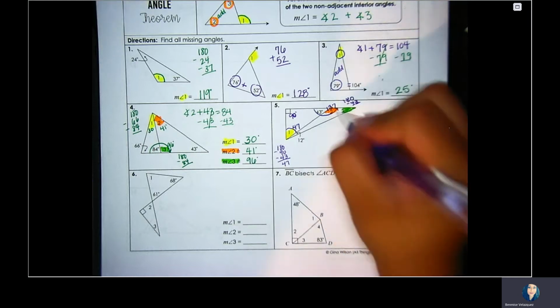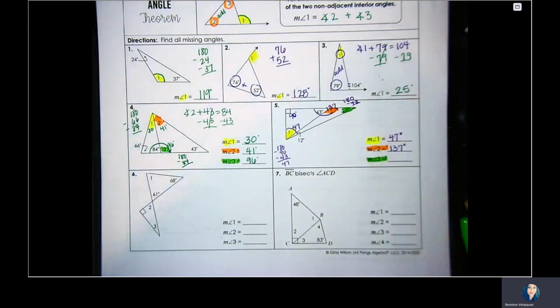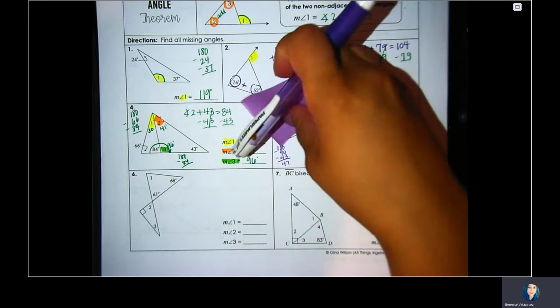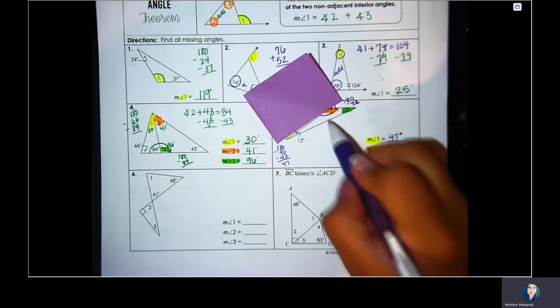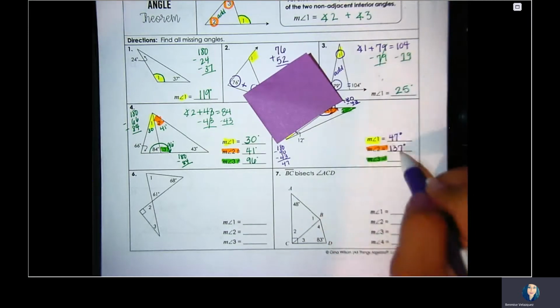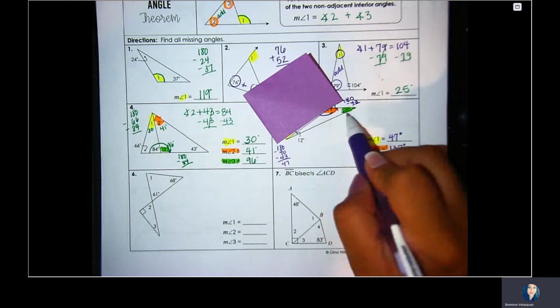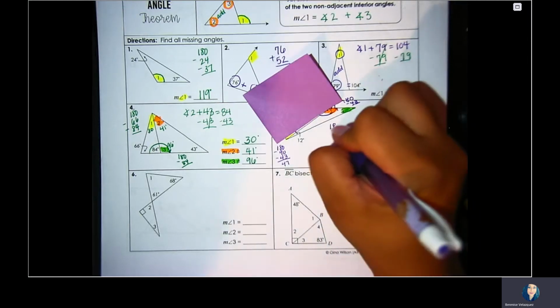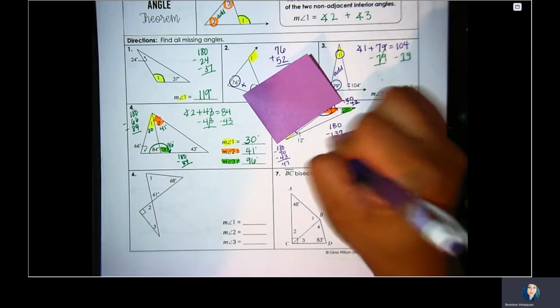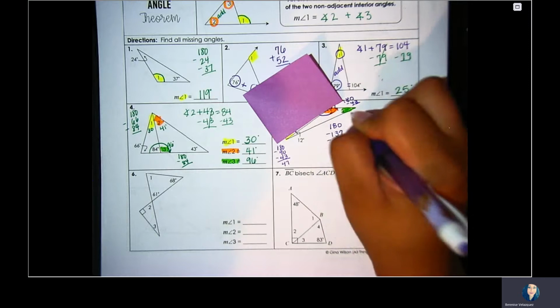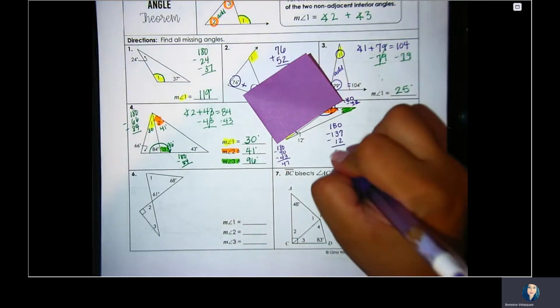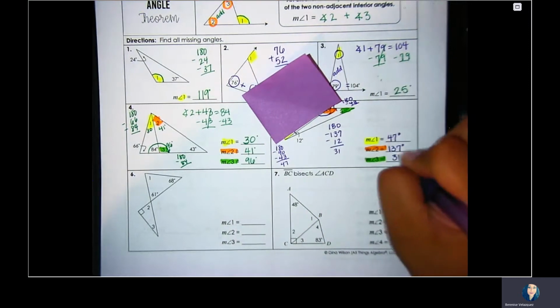I have a 12 and I have a 137. Now, if you don't see that, you could cover up the top one this time. The 137 is that angle 2, right? So I have 2 angles and I'm missing a third one. So your math would be 180 minus 137 minus 12. That'll give us that corner. That gives us 31. So there's your answer for that one.